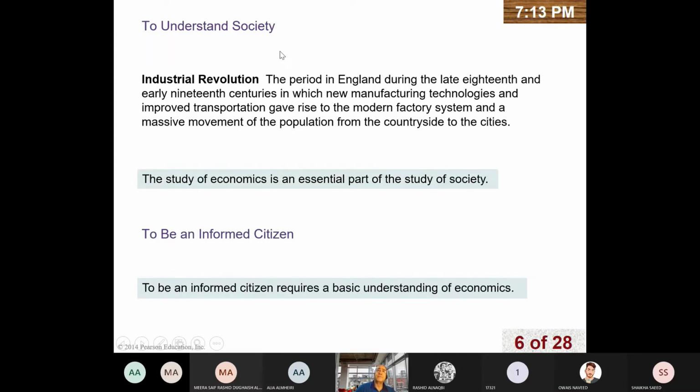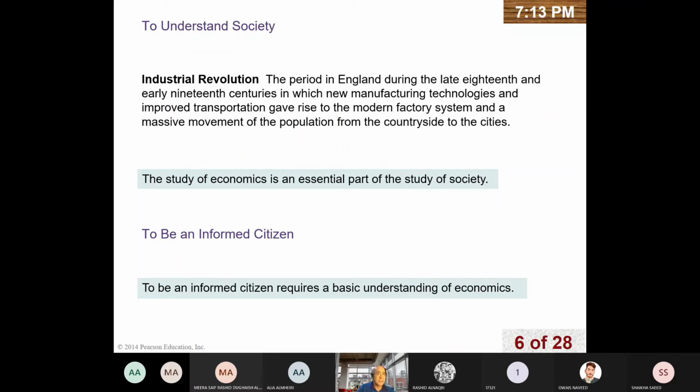Also, economics can help us to understand the society. So here there's the industrial revolution. But for example, to understand the effect of the coronavirus pandemic on the level of economic activity, it's useful for you to understand the economic situation in the UAE.